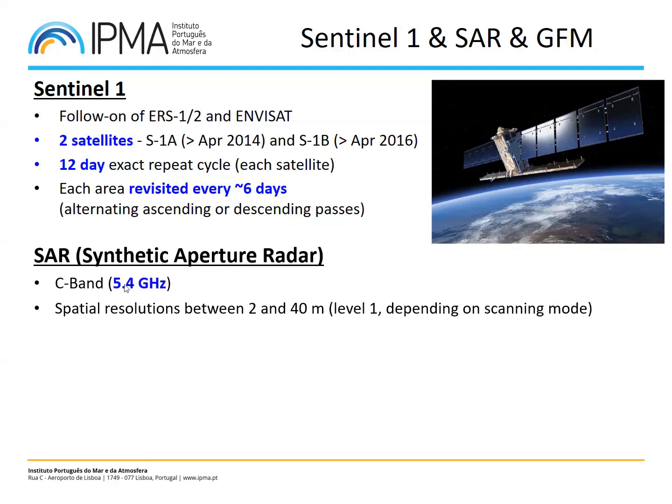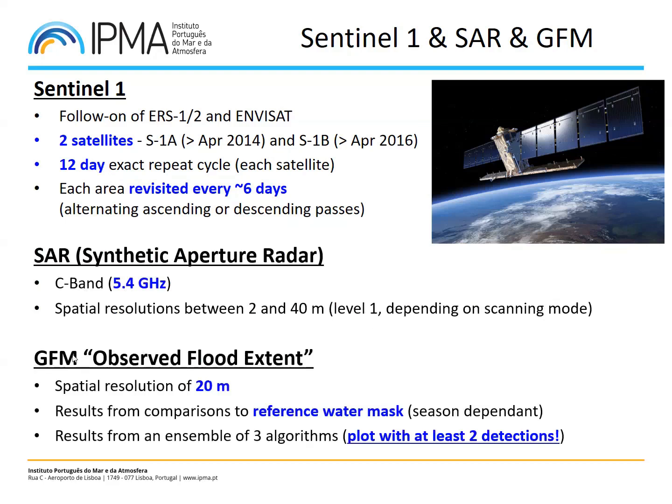It's a C-band. The frequency is 5.4 gigahertz, and the spatial resolutions vary between 2 and 40 meters, depending on the scanning mode on these level 1 products. And in fact, the GFM observed flood extent is 20 meters in terms of spatial resolution.